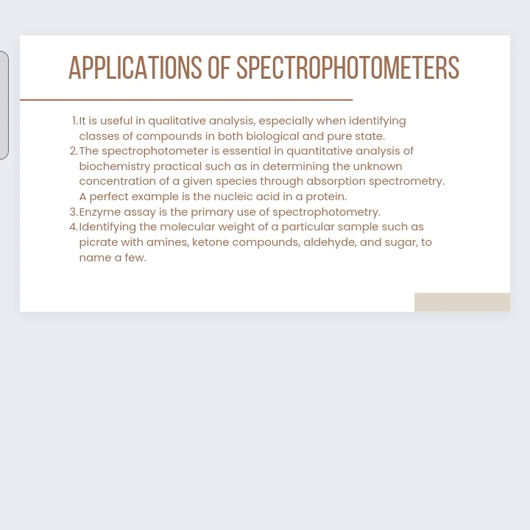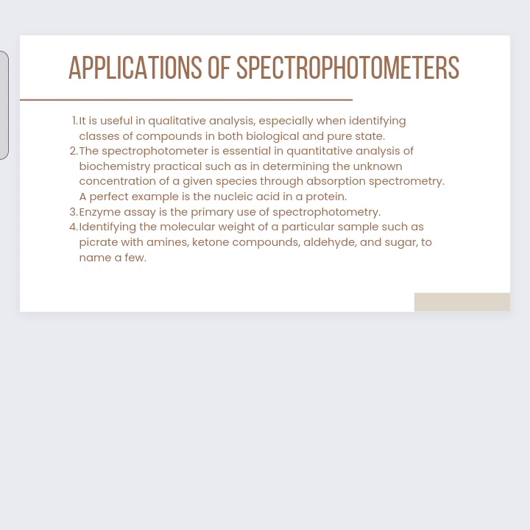Applications of spectrophotometers. First, it is useful in qualitative analysis, especially when identifying classes of compounds in both biological and pure states. Second, the spectrophotometer is essential in quantitative analysis in biochemistry, such as in determining the unknown concentration of a given species through absorption spectrometry.